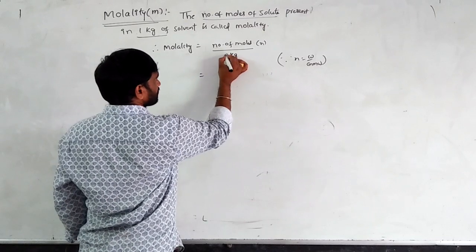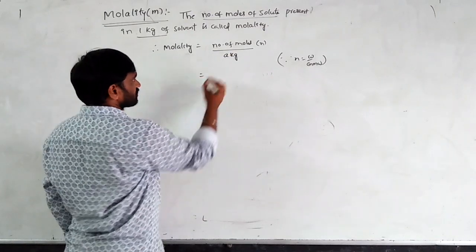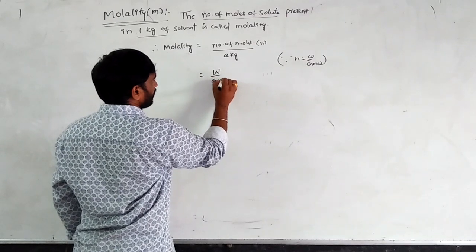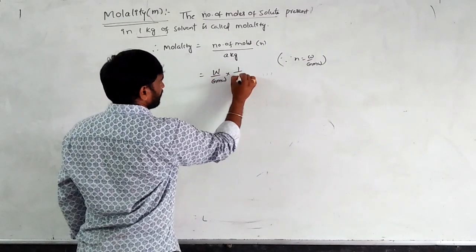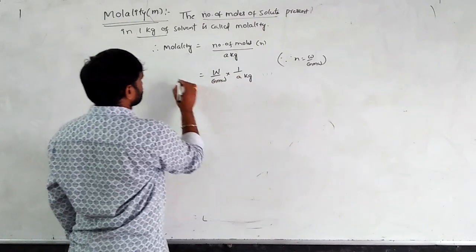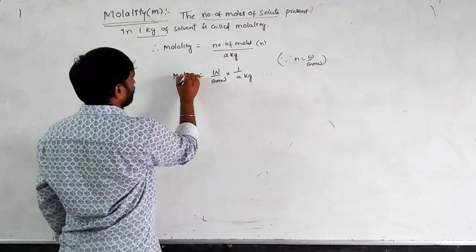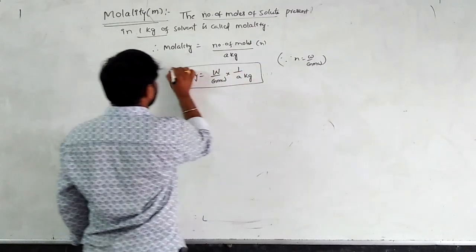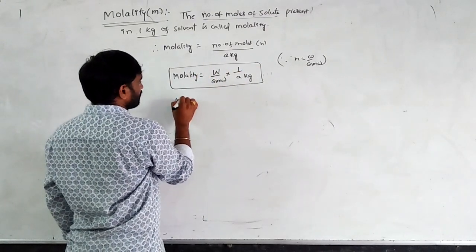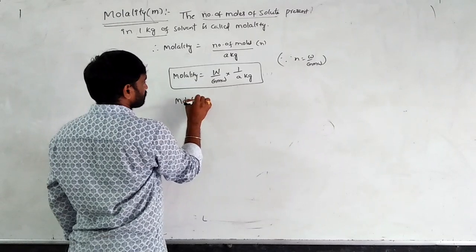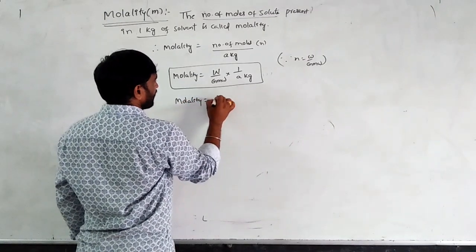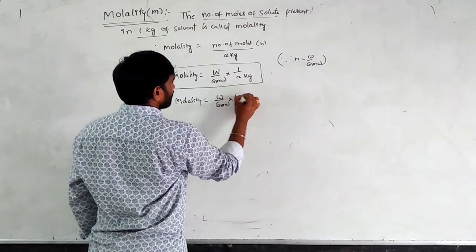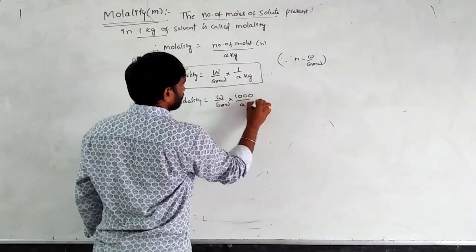For example, with A in kilograms, number of moles is weight by gram molecular weight, into 1 by A kilograms. This is molality. Molality equals weight by gram molecular weight into 1000 by A grams.